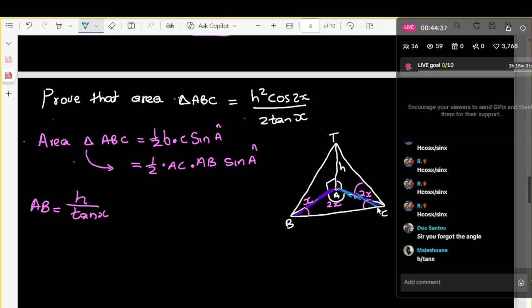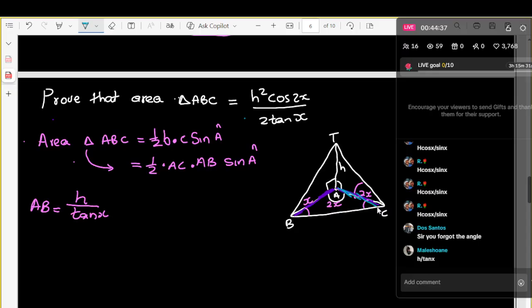I'm just going to start by using the triangle ACT. That's the triangle I'm going to work on. I think it will be easy if we bring the triangle down.